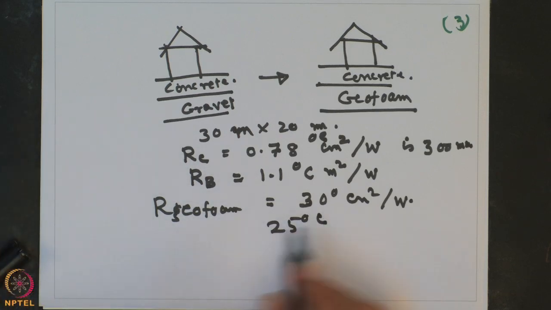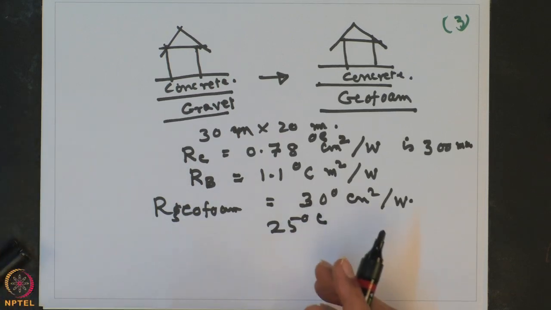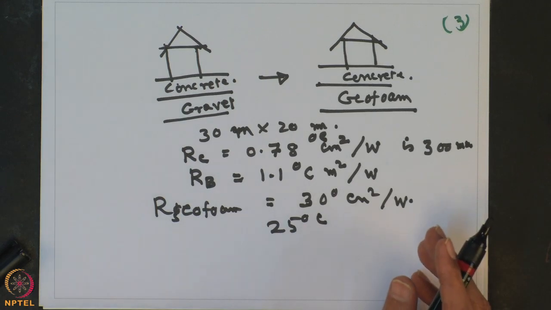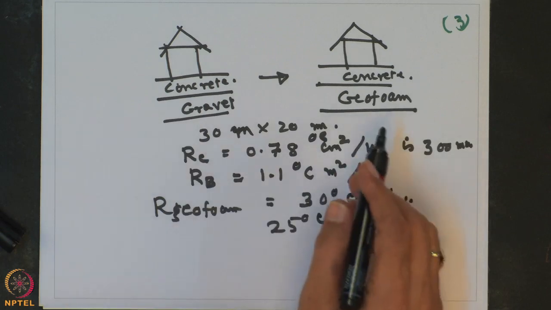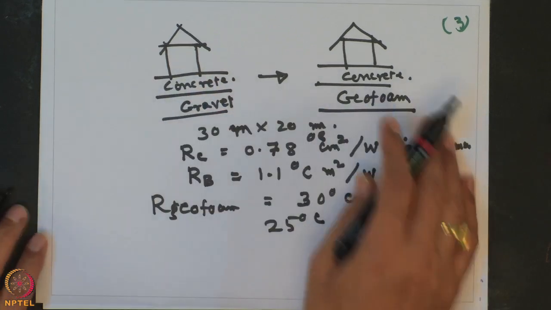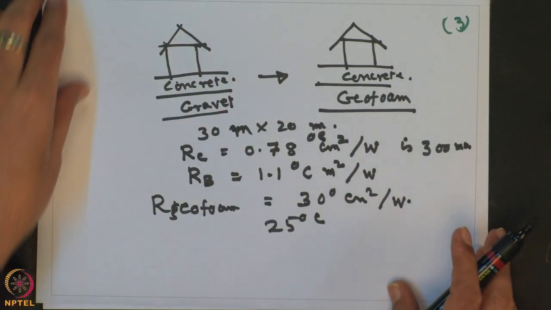Now, you have to find out what the difference will be between the two systems: one the conventional system, the other the concrete and geofoam system. If you adopt these two systems, you can calculate the difference.